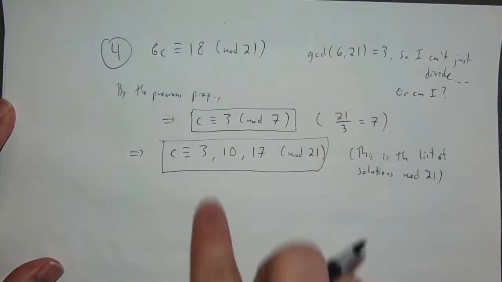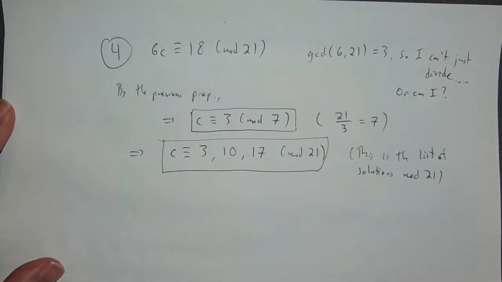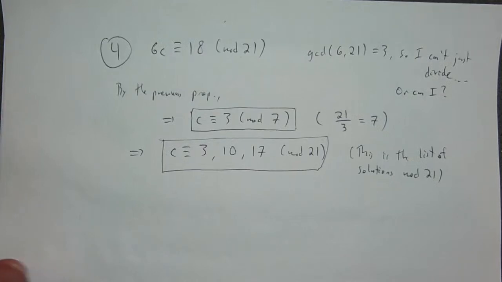But it turns out that these three things, which are different, they're distinct integers, mod 21. So they are distinct classes, right? They are representatives from distinct congruence classes. And all these things, while they're the same mod 7, mod 21 they are different, right? These are different residues mod 21.